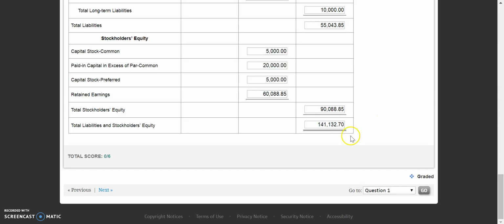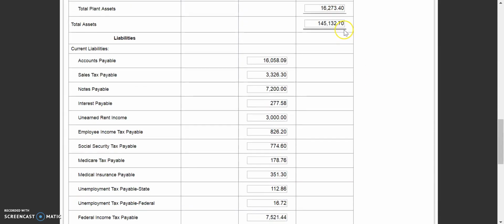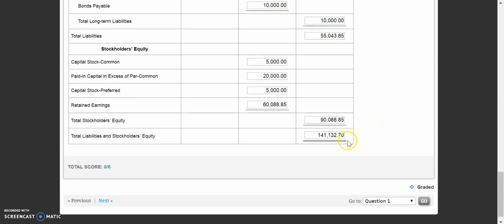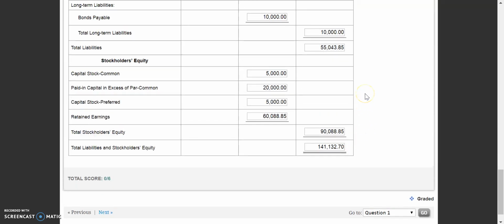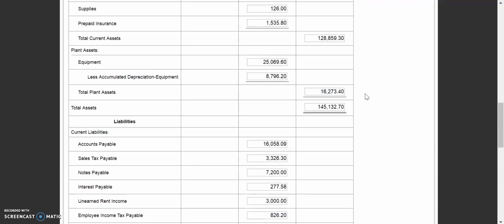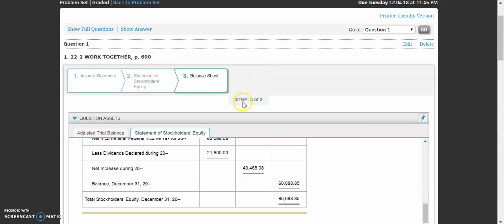Now remember, the most important part of the balance sheet is that our assets equal our liabilities and stockholders' equity, which they do. If they did not, we would have an error somewhere, and we would need to go back and figure that out. But we have now completed three of our financial statements: an income statement, a statement of stockholders' equity, and our balance sheet.